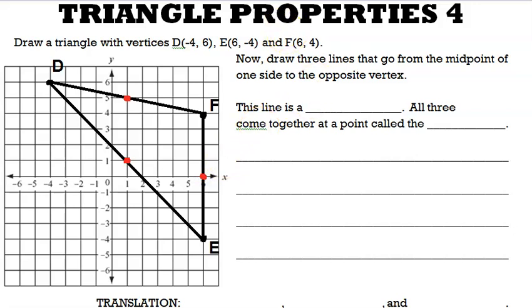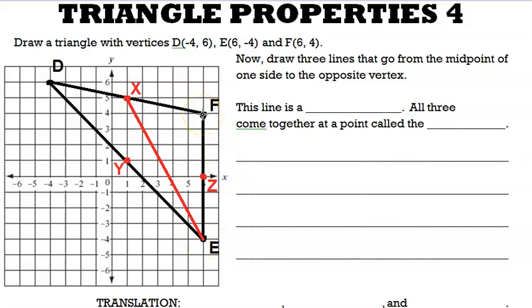Now, early on in lesson number 1, we talked about mid-segments, about how if you go midpoint to midpoint, you would get a mid-segment. And so a lot of students try to work ahead as soon as they see this picture, and they just start drawing mid-segments. That's not what I want you to do. A median is when you go from one vertex to another midpoint.